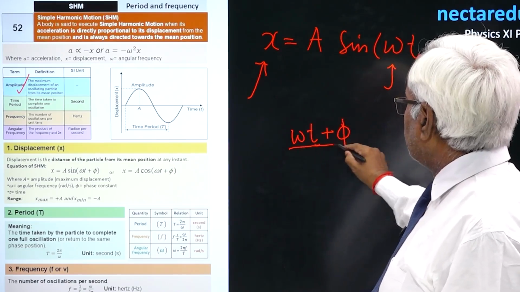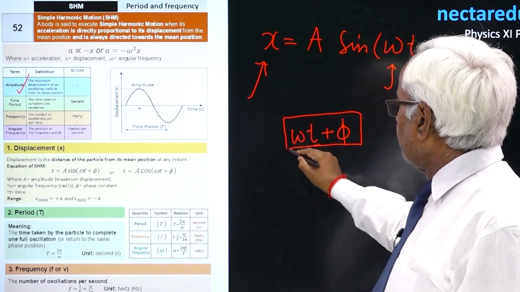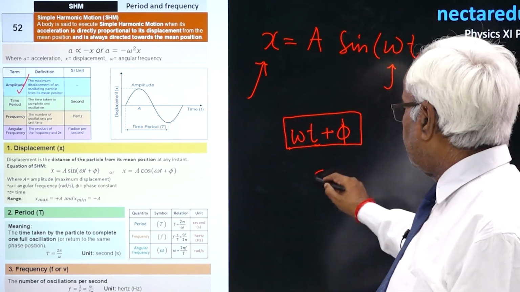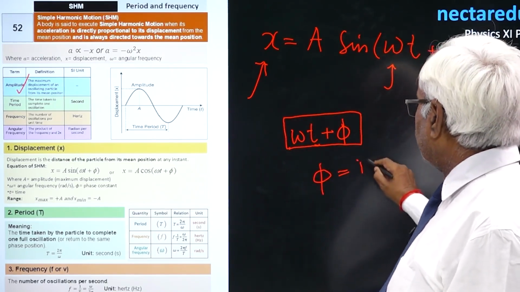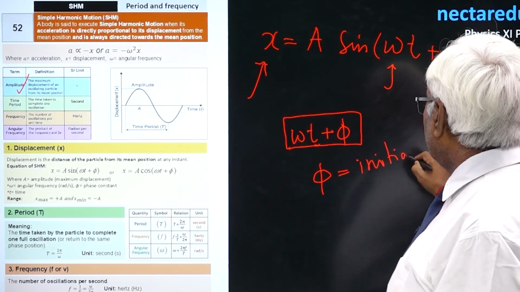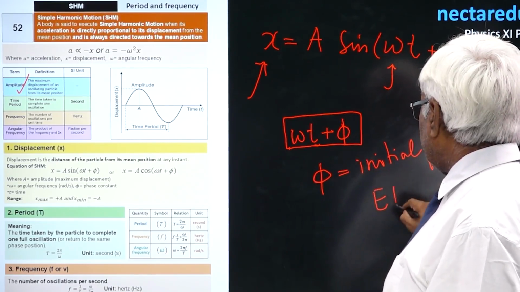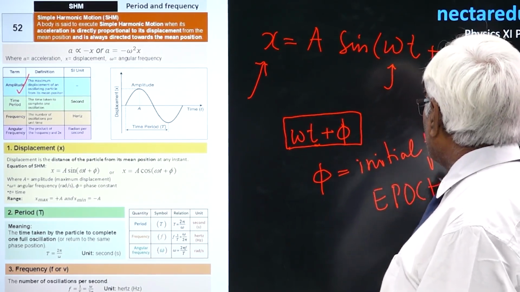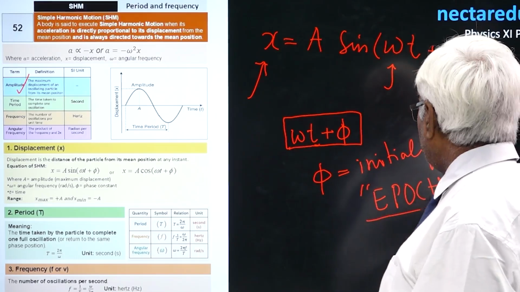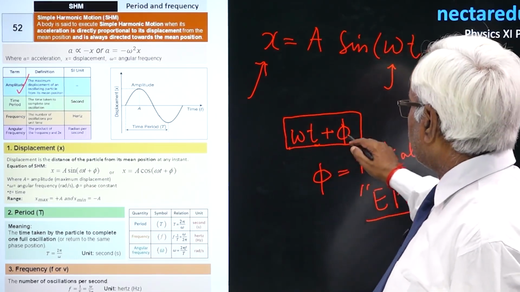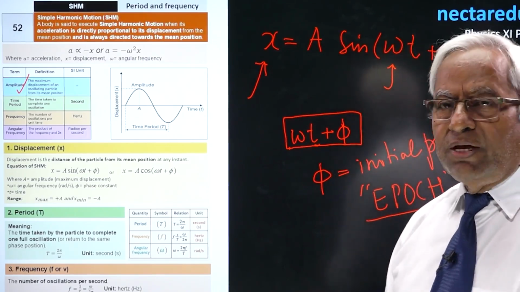Complete phase is omega t plus phi. Put t equal to 0, you find phi. Phi is known as the initial phase. Initial phase has a technical name, epoch. And omega t plus phi as a whole is known as phase.